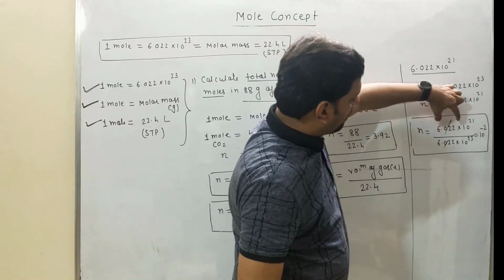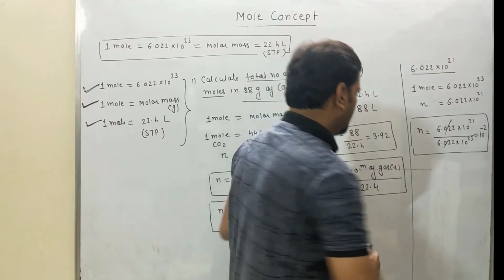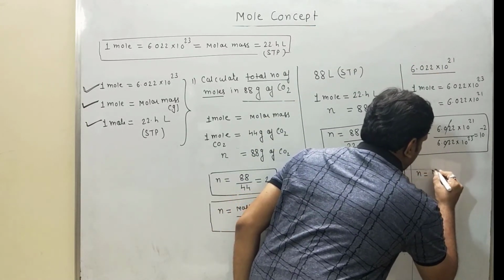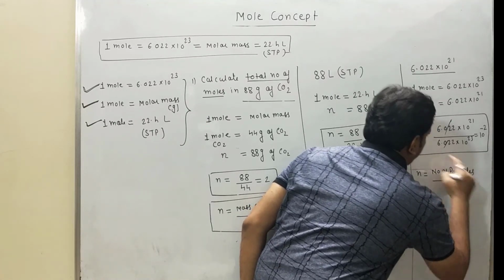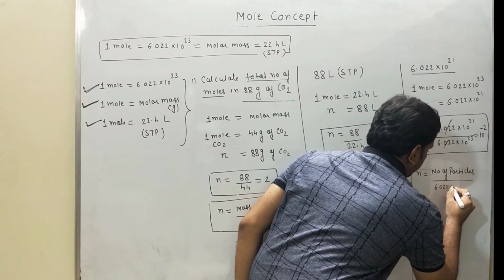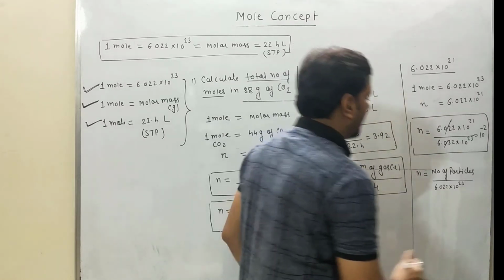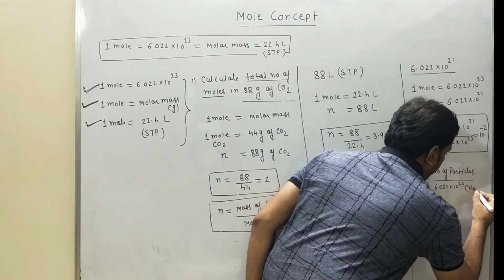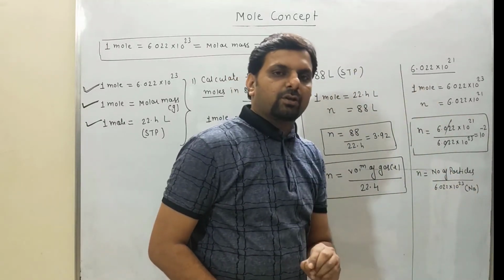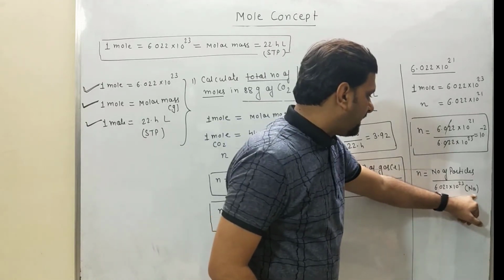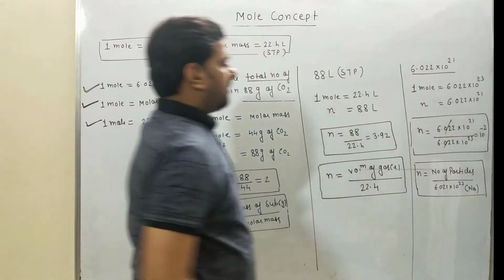Okay. So what is this? Number of particles. Clear? So n equal to number of particles divided by 6.022 into 10 raised to 23. This number is also known as Avogadro's number and represented by N A. So now we have the third formula.